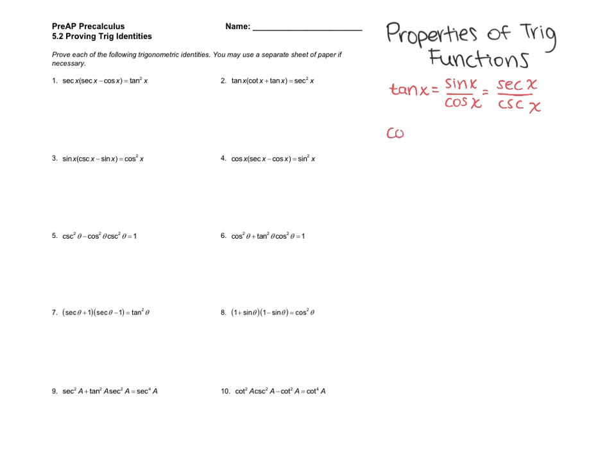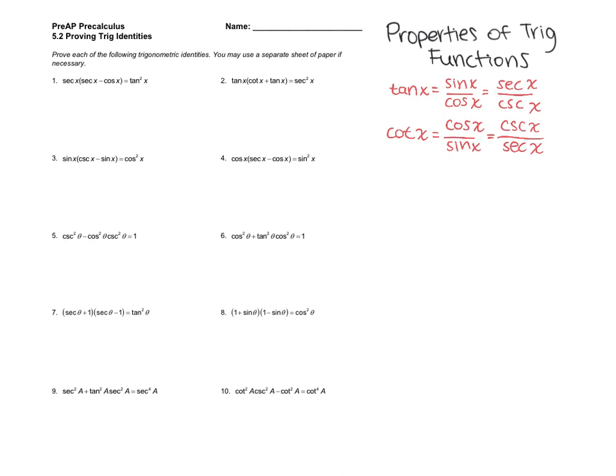Next, we have cot x, which is equal to cos x over sine x, and then it is cosecant x over secant x. So these are our quotient properties.